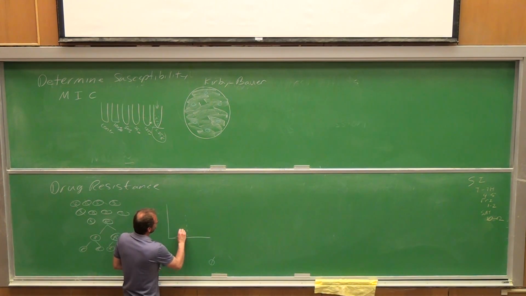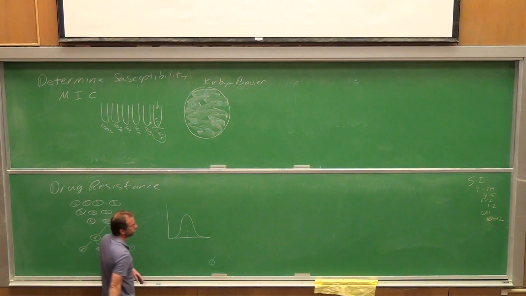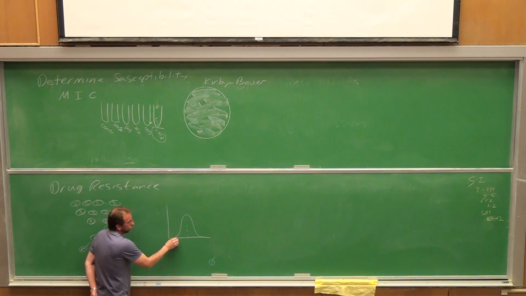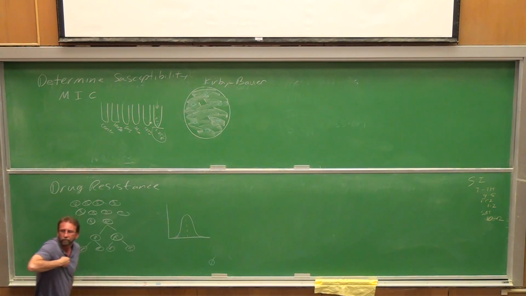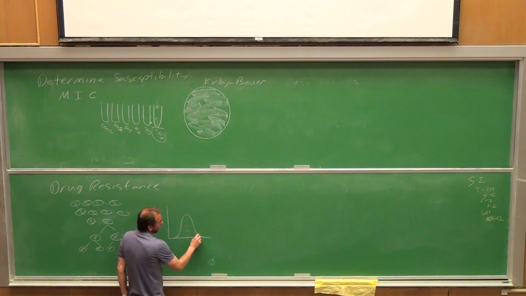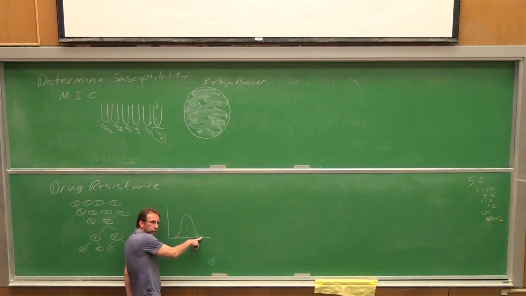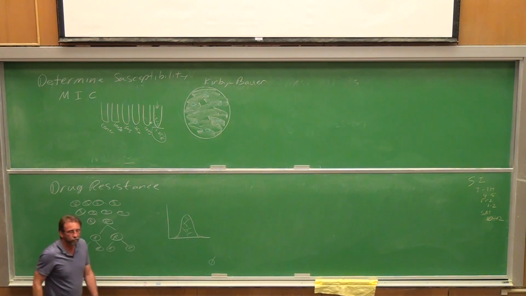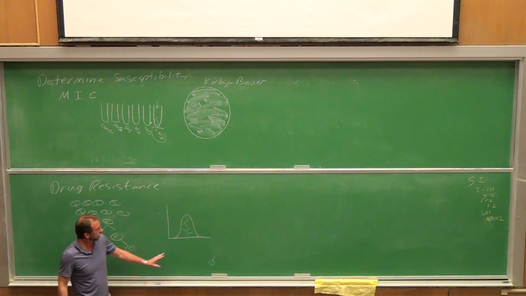And that range is almost always in the shape of a bell curve, where you're going to have on this side those that are extremely sensitive, and so these guys get wiped out from almost the first exposure to the chemical. And then on this side, you're going to have those that are extremely resistant. And then you have all those that are in the middle, and generally are going to get wiped out by the chemical.